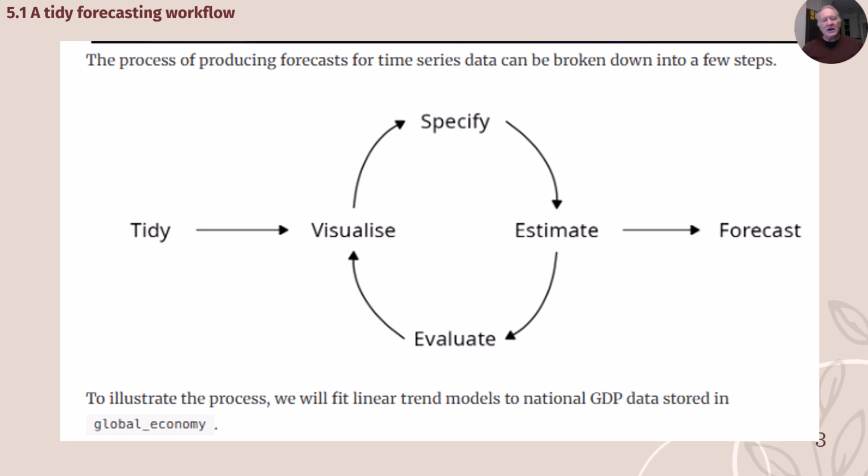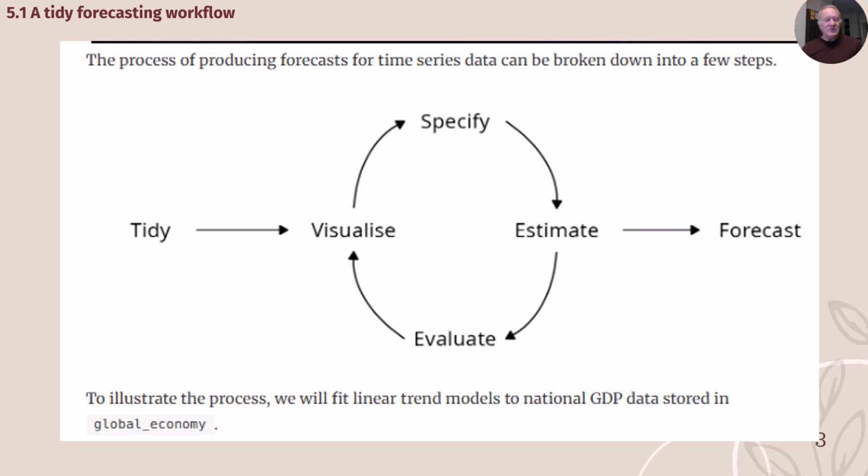So if we look at the process for producing forecasts for time series data, it can be broken down into a few steps. And this process looks an awful lot like our process for scientific observations or the scientific method. So the first thing we want to do is get the data and clean it up and organize it.